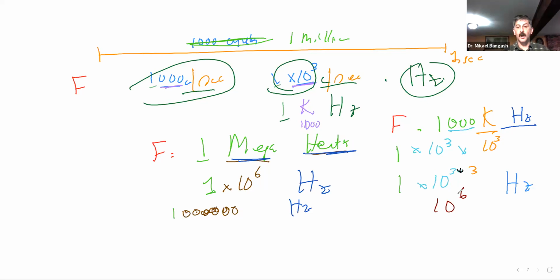So 1,000 kilohertz makes a megahertz. 1,000 megahertz makes a gigahertz.